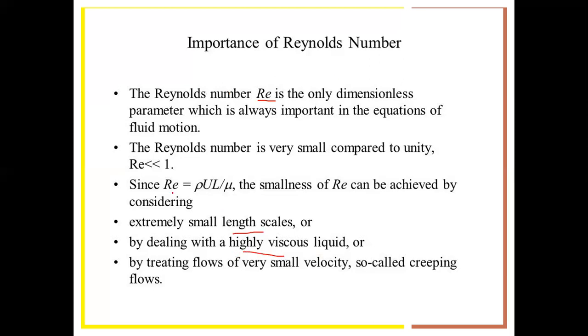Since the Re formula is rho UL by mu, the smallness of Re is achieved by considering small length scales with a highly viscous fluid, or by treating flows of very small velocity, so-called creeping flows.